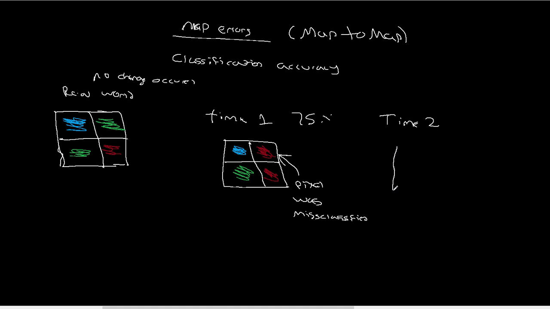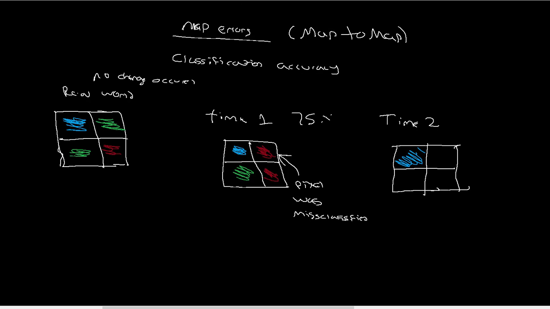At time 2, we run a classification. We keep the same classification scheme, so we have no differences in definitions here. We're assuming the definitions are the same, so any issues we see come from the accuracy of the classifications, not the definitions that we used. Let's say that this time it got it right.